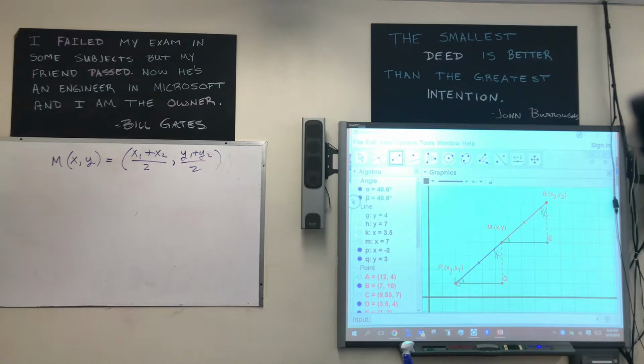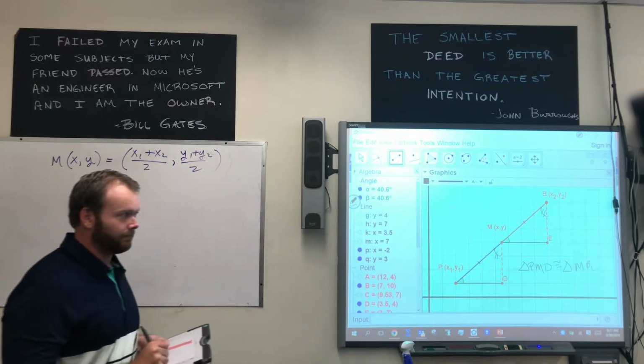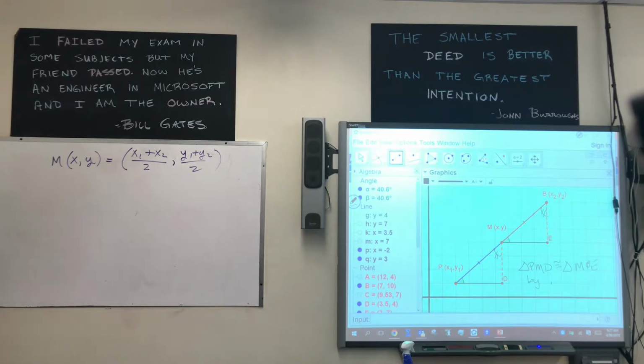Do we see that triangle PMD is congruent to triangle MBE by angle, side, angle? You guys remember that kind of stuff from geometry? And maybe we're not excellent at that stuff, but it's in there somewhere. All right, so that's fantastic. Those two triangles are congruent. And if those two triangles are congruent, what's that tell you about the distances of PD and ME?